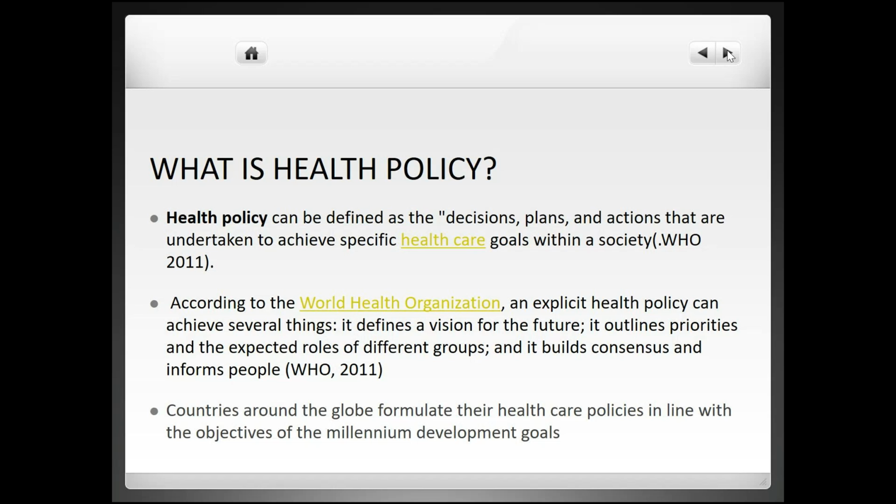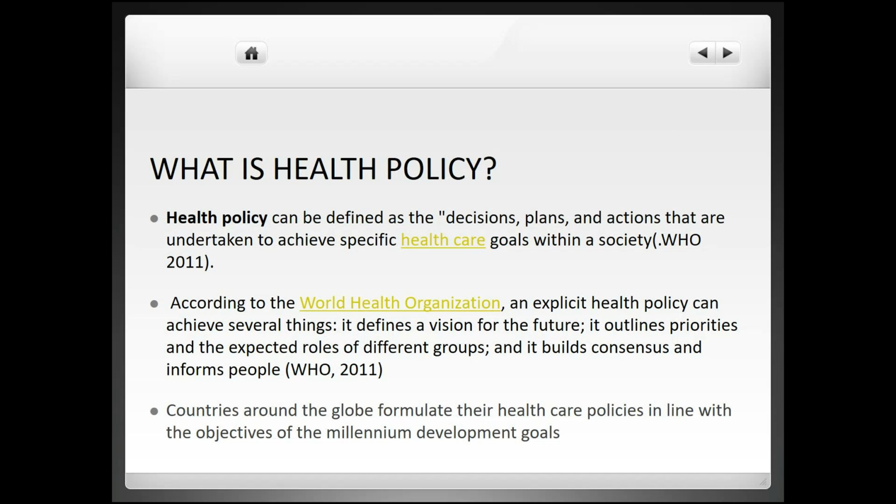Now in the UK, we've got issues with obesity and people not being active. We've got knife crime in London. So we might have a health policy that addresses all those issues. But if those issues are not problems in other countries, they will have a different policy altogether. So it's just decisions, plans, and actions undertaken to achieve specific healthcare goals within the society.